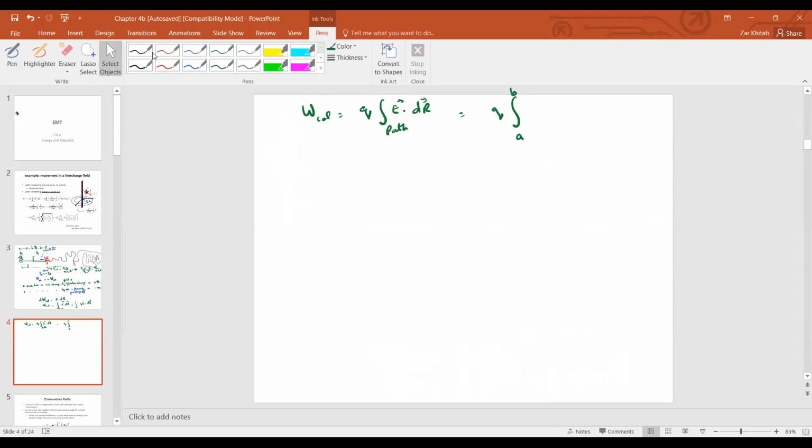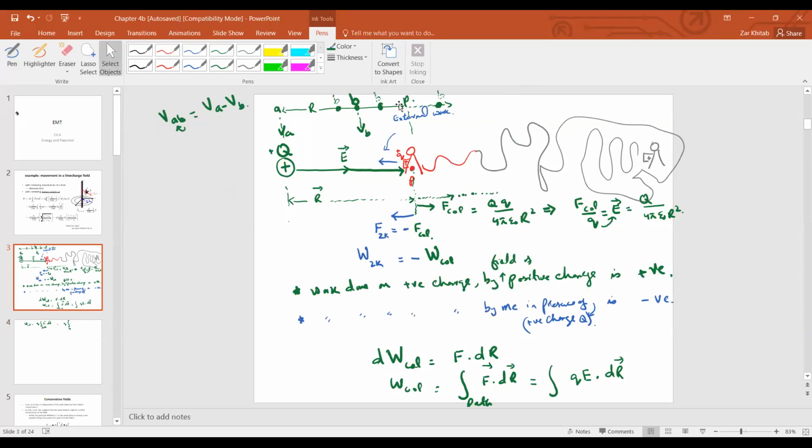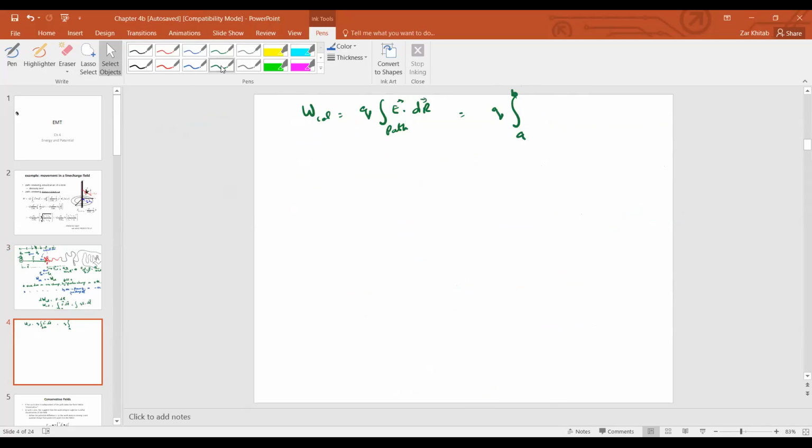So you move from A to B, or B to A. This is the work done from A to B. Work in this direction is the field work. Work in the other direction is your work. So from A to B, the integral of E dot dr.